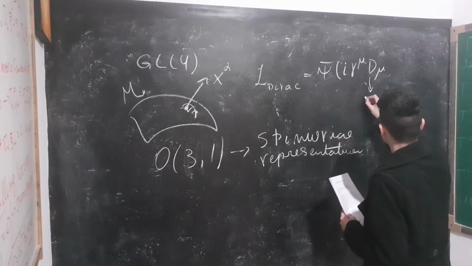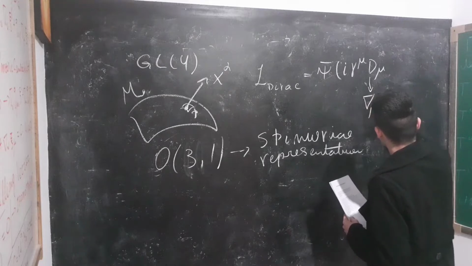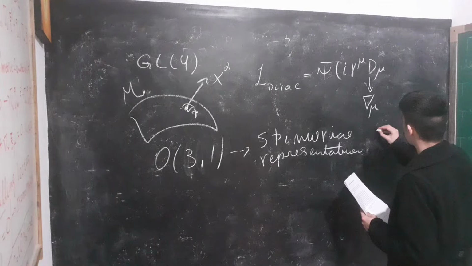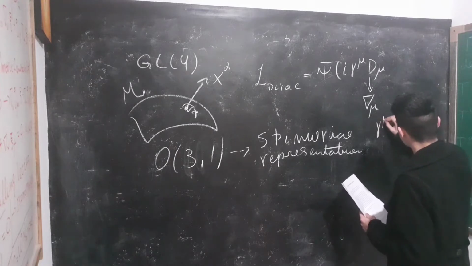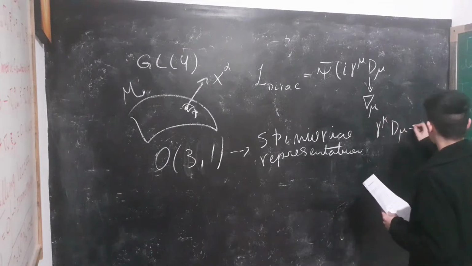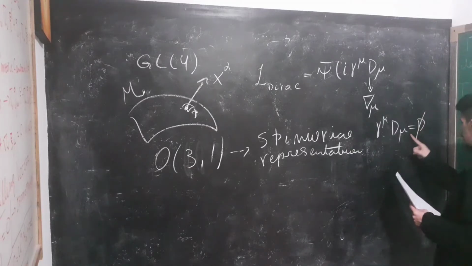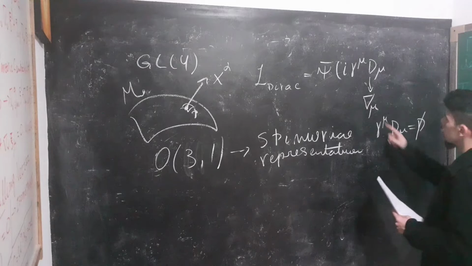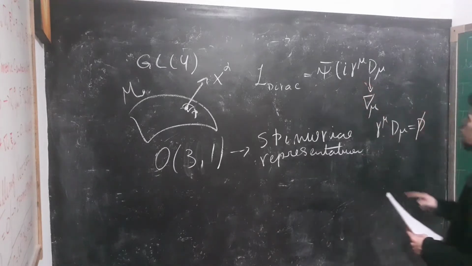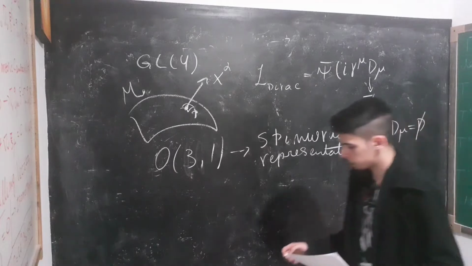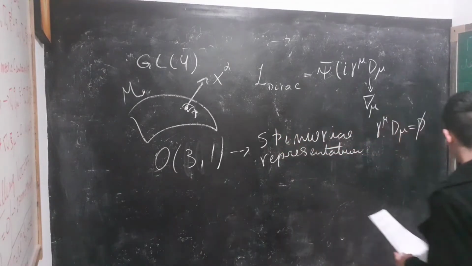Sometimes you will see this symbol here, whenever we have gamma mu D mu, sometimes we call that D slash, but I won't do this because these gamma matrices will be very important very soon. So it's just a notation, all right?